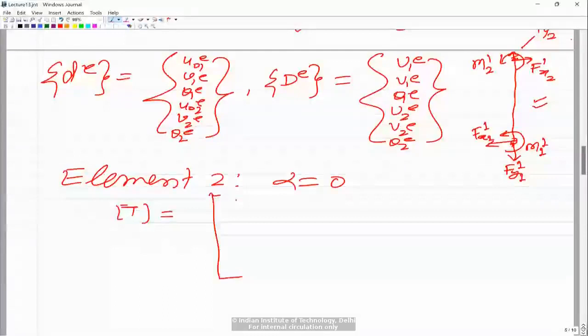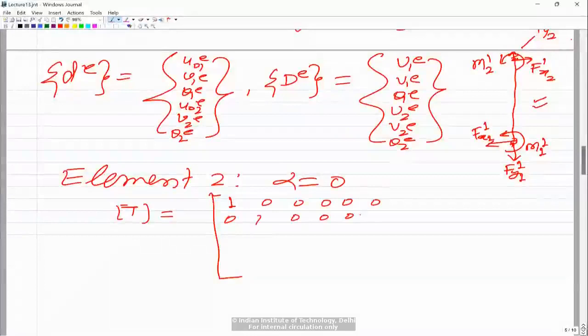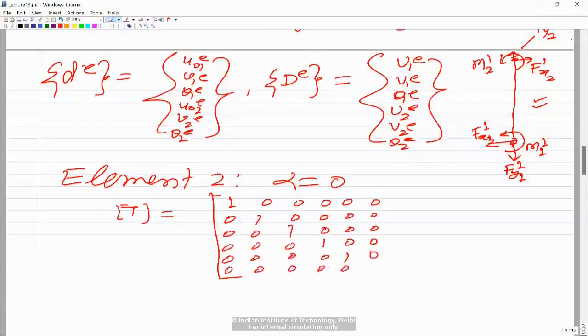It would be 1 0 0 0 0 0 1 0 0 0 0 0 0 1 0 0 0 0 0 1 0 0. Now cos alpha is unity and sin alpha is 0. So this is what you get as the transformation matrix. Then the transformed stiffness matrix and load vectors are going to be the same, since T is the identity matrix.